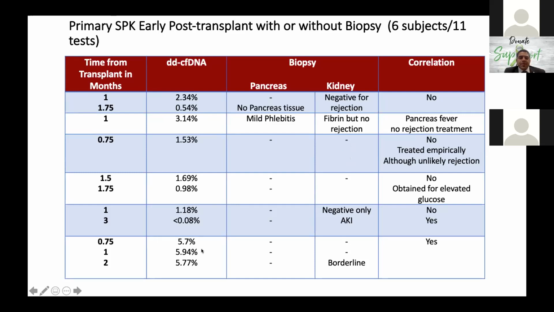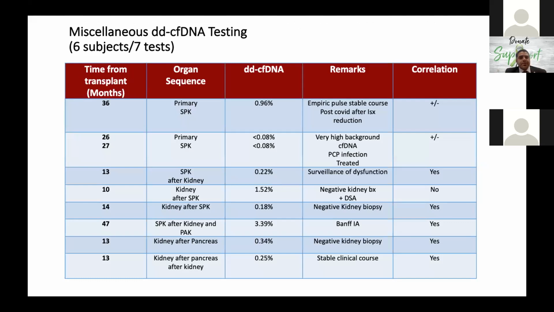With one exception here, the test was positive early on, but eventually we were able to detect rejection. But all in all, if the test is positive in the first 6 weeks, that may be taken with a grain of salt, as there may be other reasons for a positive test during that period.